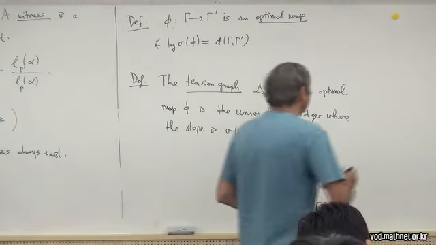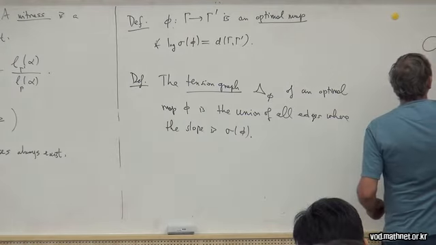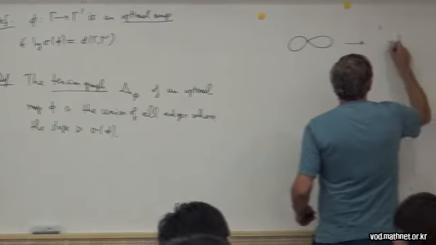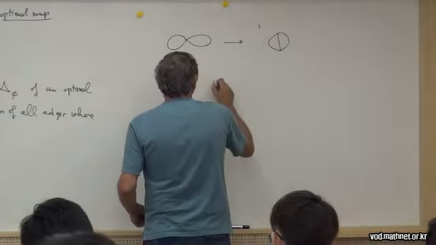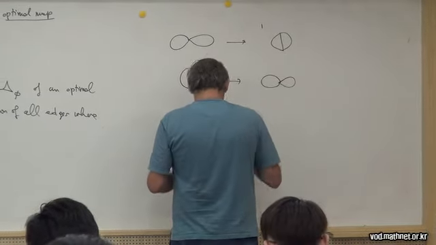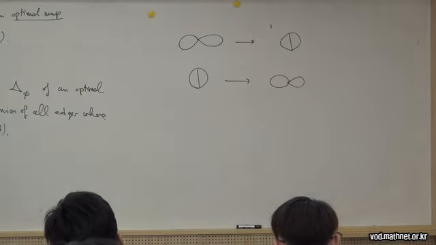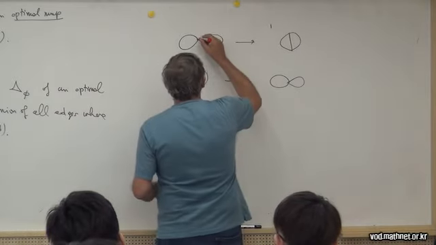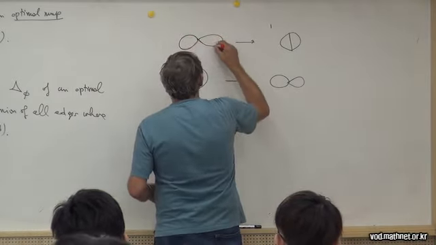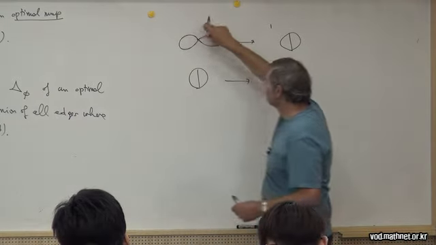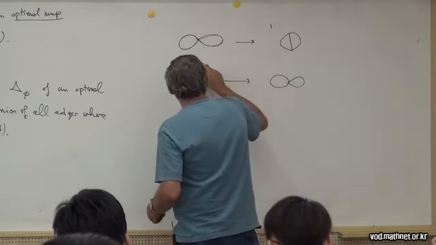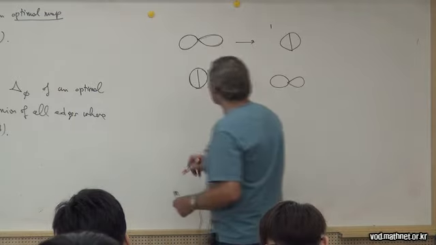So in our examples, we had two examples. This one goes here, and this one went here. These tension graphs were, in the first case, the tension graph was everything. The slope is the same on both of these. But in the second example, the tension graph was just a circle.